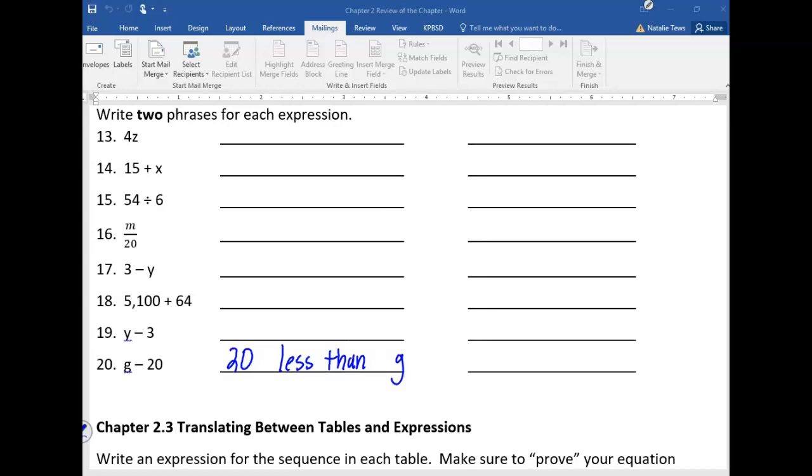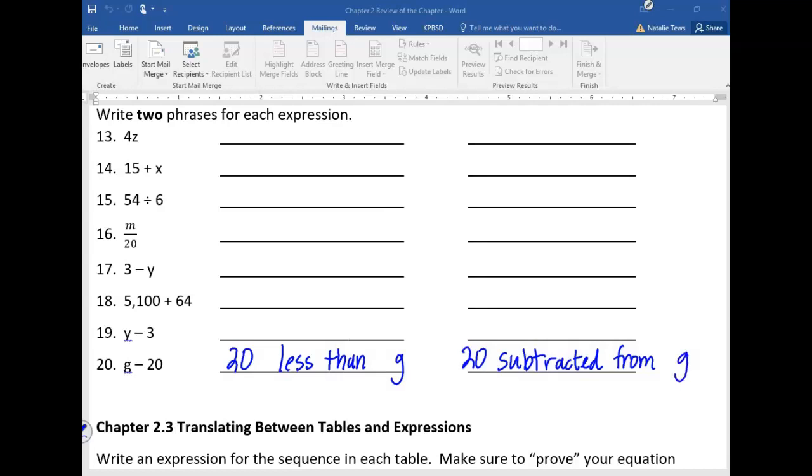Okay? Let's see. Here's another one that gets people. Subtracted from. Which one of these will come first if I say subtracted from? 20 will come first again because notice 20 is being subtracted from the G. And so my words have to reflect that.